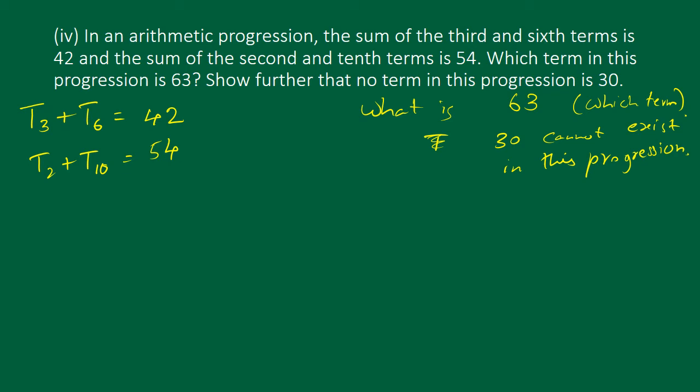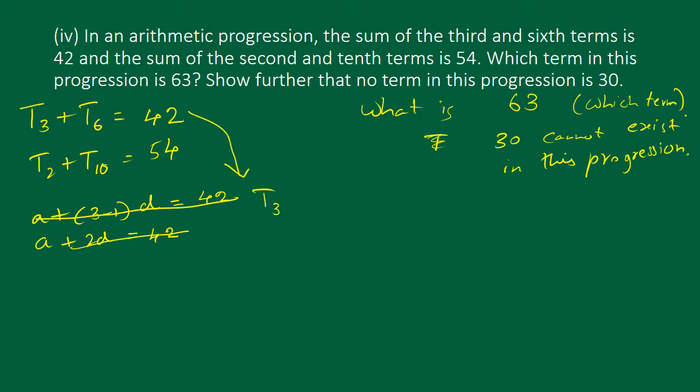And let's do this. T3 means a plus 3 minus 1 into d. This is 42, right? That means a plus 2d is 42. Sorry, actually we have to do it this way, right? You can get from this one t3 plus t6 equal 42.